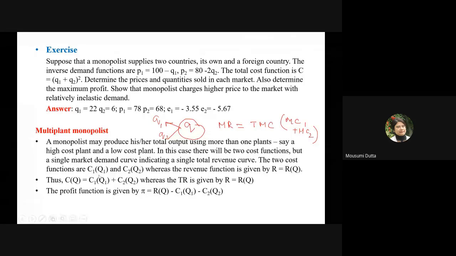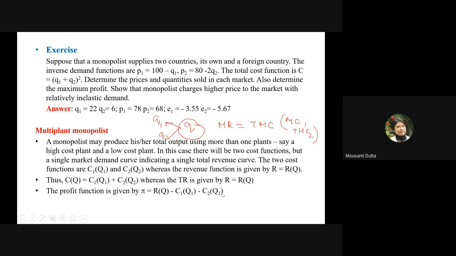The two cost functions are C1 as a function of Q1 and C2 as a function of Q2, whereas the revenue function is given by R, which is a function of Q1 plus Q2, that is, a function of Q. Thus, the total cost will be C1 plus C2, whereas TR is given by R, a function of joint or aggregate output Q. The profit function here will be given by pi equals revenue minus the entire cost, which is C1 as a function of Q1 minus C2 as a function of Q2.